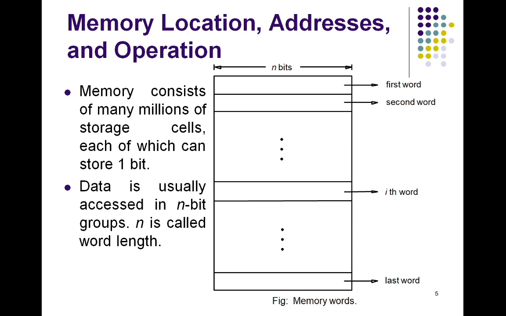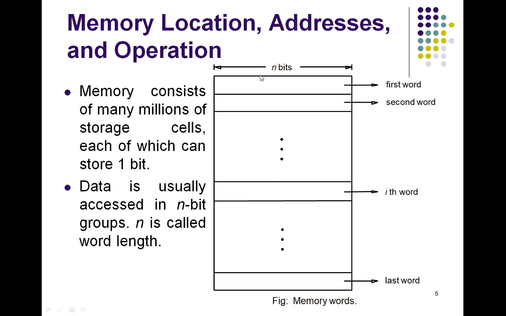Each group of n bits is referred to as a word of information. As I told, the memory will store the information in terms of groups of bits. This group of bits is known as a word. You can say that the information is stored in terms of words. And n is the word length.